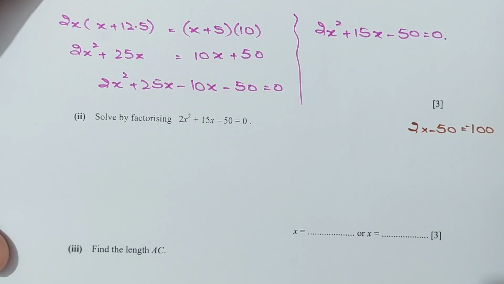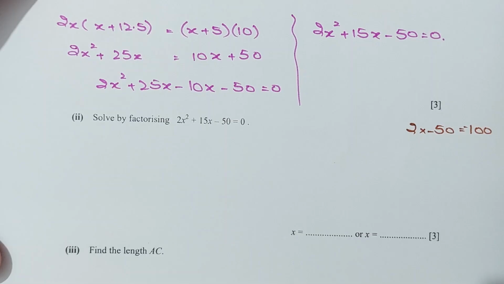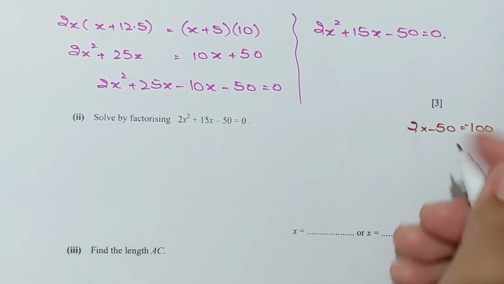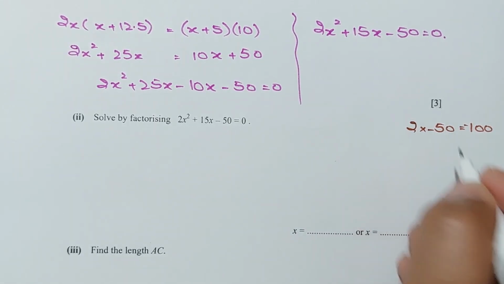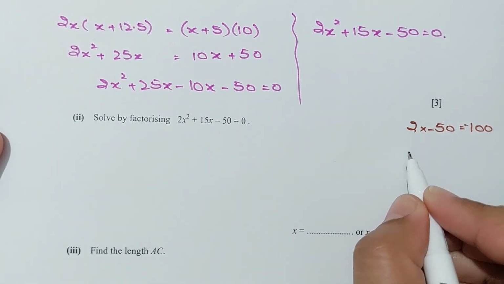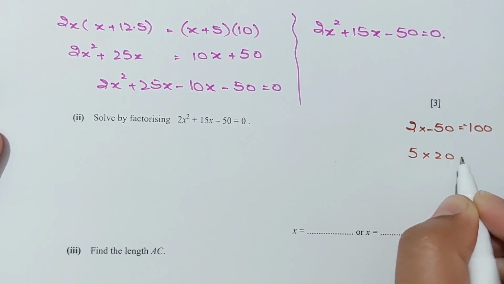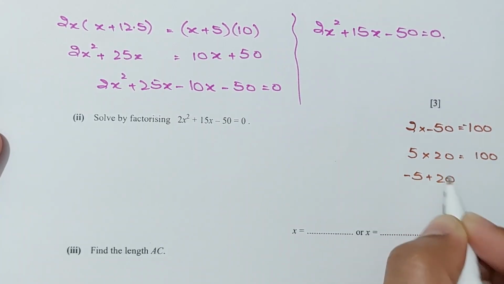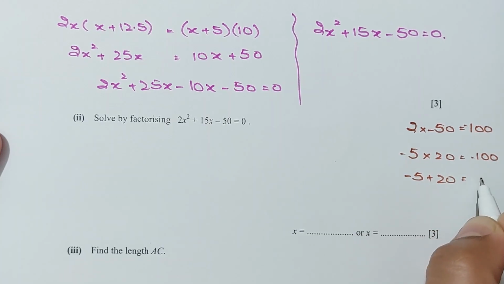Factors of 100: 5 times 20 is 100, and if we say minus 5 plus 20, this is 15.